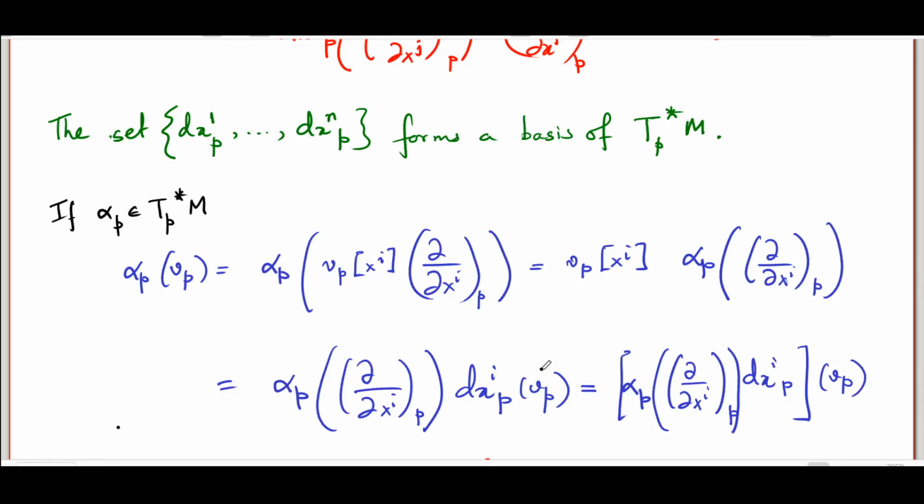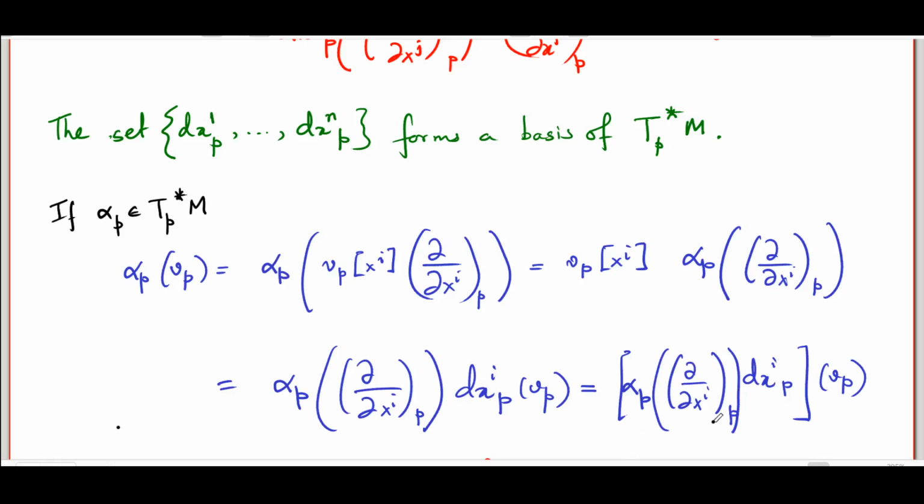And now we invoke our definition of how covectors are added to say that this thing here defines a covector. Alpha p del xip, this is the ith number, times dxip, a covector, and you're adding all of these together.